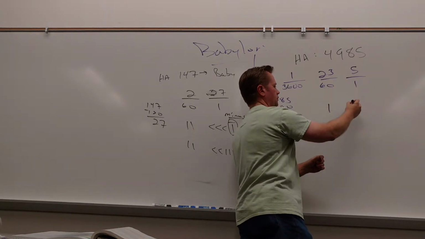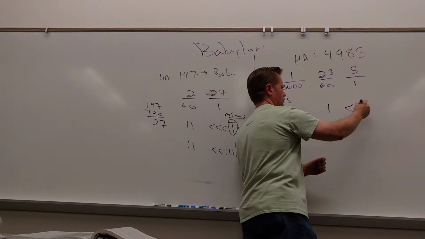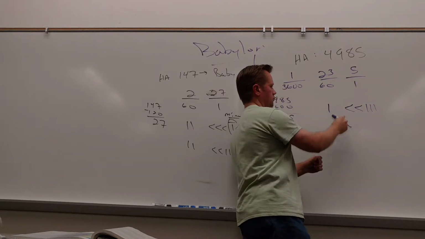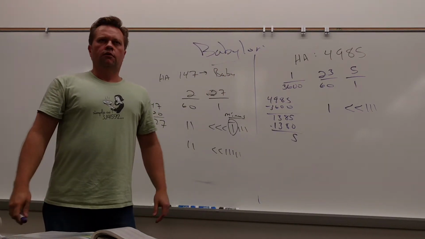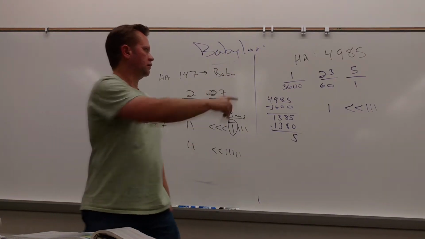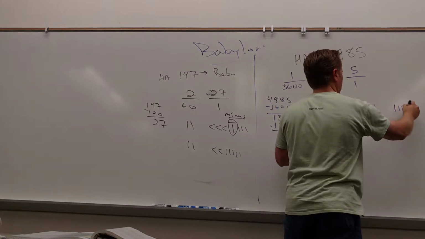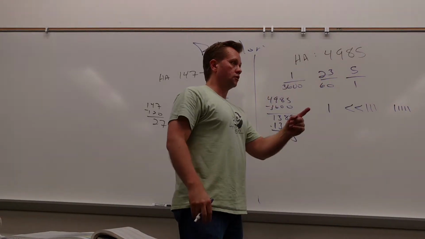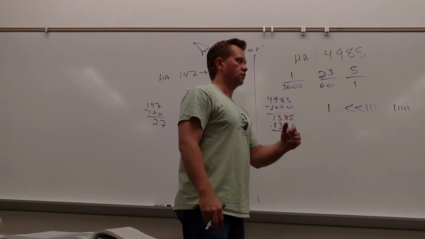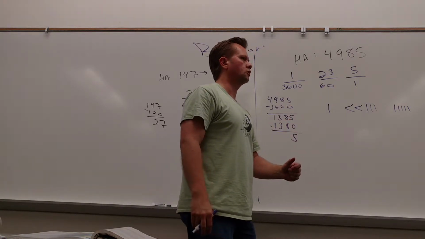How would you write 23? The sideways V, 3 things. So this much space, and then I'd say twice that much space. And then the 5.